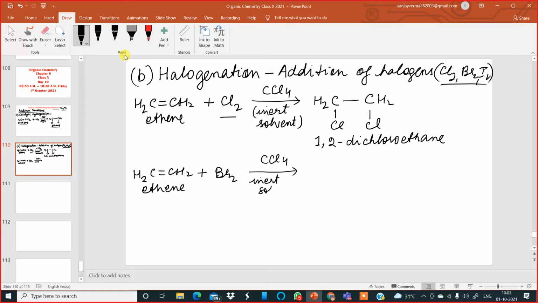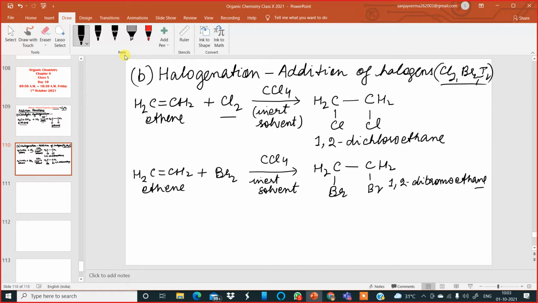It produces a dibromoalkane: one bromine on one carbon, another bromine atom on the other carbon. This compound is called 1,2-dibromoethane. Okay, so this is the reaction of bromine with ethene. There is breaking and making of bonds, breaking of the double bond and making of new bonds.